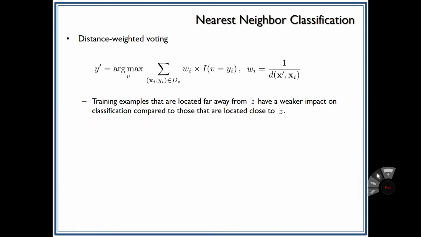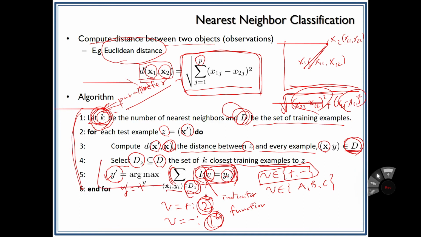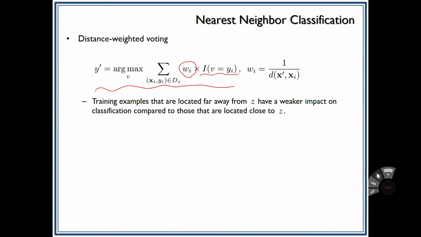Then distance weighted voting is, instead of just returning 1 or 0, we multiply by some weight. This formula is quite similar to this one, but the difference is that instead of solely using this indicator function, we multiply by a weight w sub i, and that weight is defined by the inverse of the distance between the new object and the ith object in Dz.